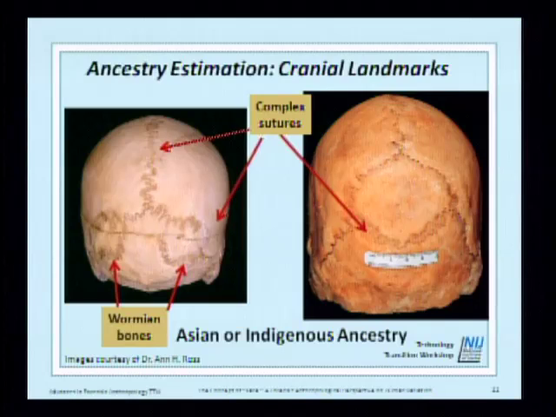And that's most likely due to the plagiocephaly, or how you place your baby when they're young or when they're sleeping, and also the way they're carried. So that will cause that asymmetry in the vault.